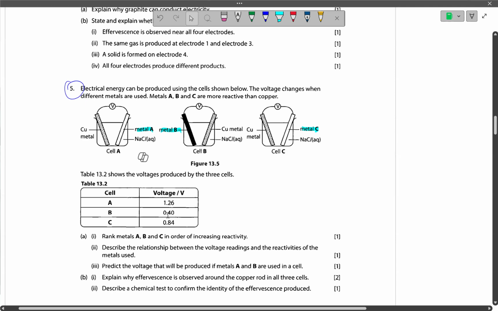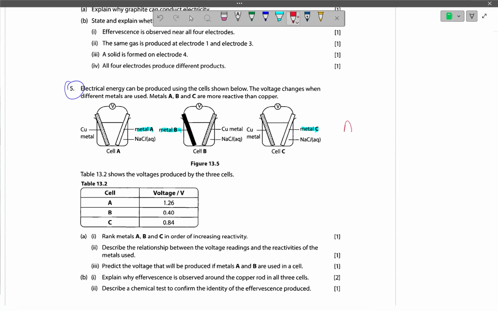Because if this is not 0.4 but let's say 1, then I will wonder whether B is lower than copper to a certain extent. Obviously I know that my A is above C, is above copper, because of these two values. Now, how about my B? It's on the opposite side.